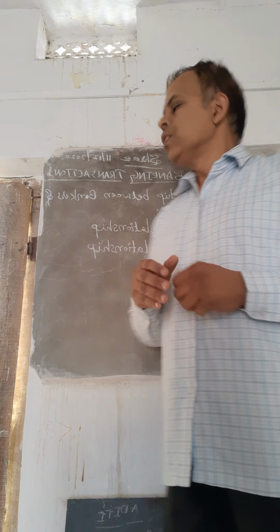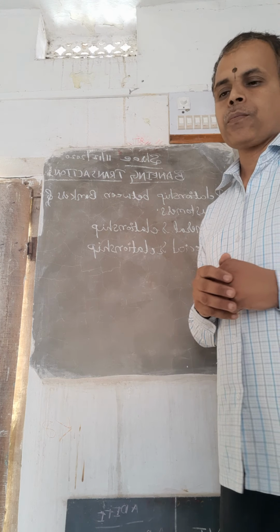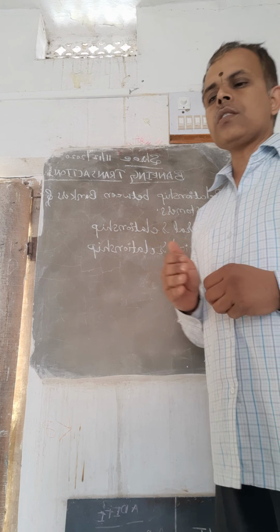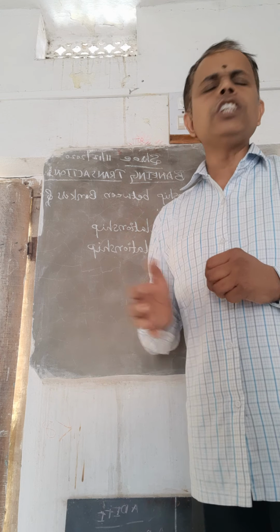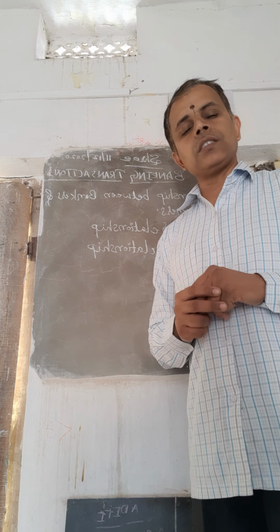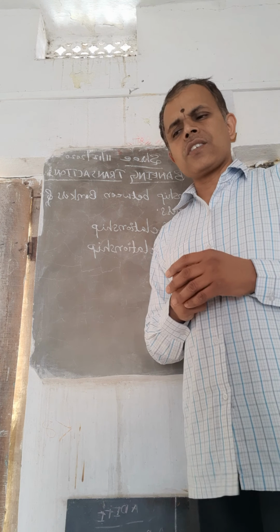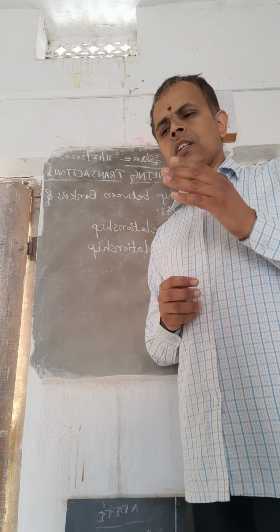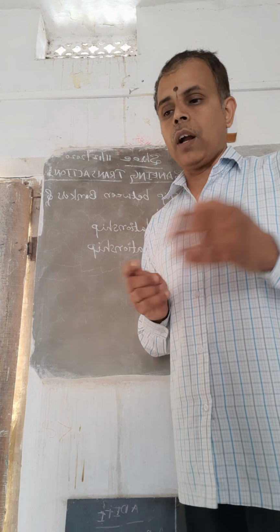The relationship between the bankers and the customers. My dear students, in today's class we want to discuss the relationship between the customers as well as the bankers. Let us understand. Here we have to categorize the relationship into two parts.